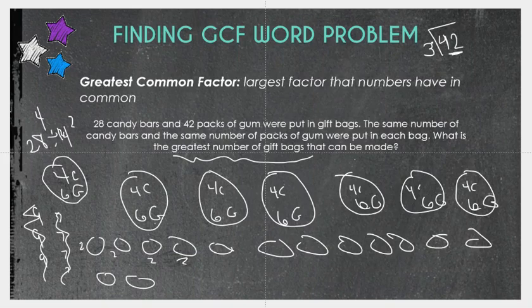If 6 is divisible by 3, 42 is divisible by 3. So it goes in 14 times. So the greatest number of gift bags would actually be 14 gift bags. Wow, that is a lot of gift bags. And in every gift bag, I would have 2 candy bars and 3 packs of gum.